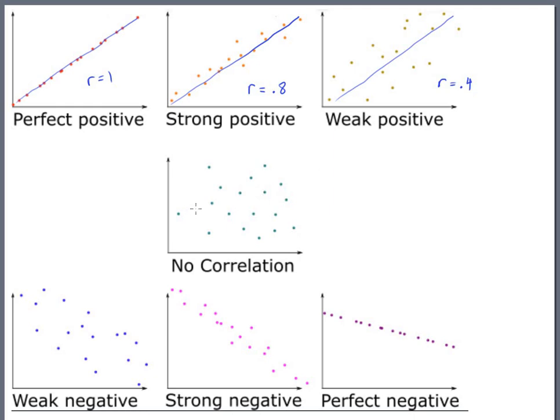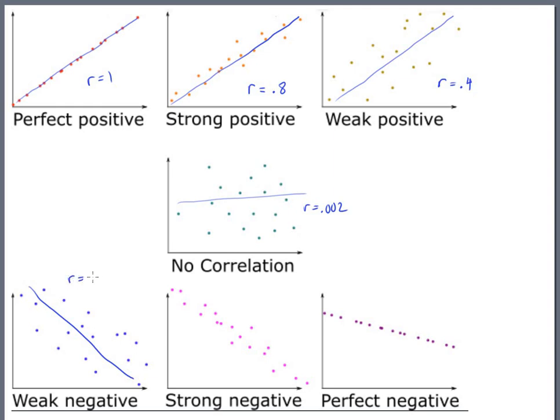This one, the best line I could probably fit would look about like that. This is an R of, maybe it's not quite 0. It's rarely perfectly 0, but this will be an R of like 0.002 or something. It's basically 0 relationship between the two things. And then these would be the same idea in the other direction. There's the best fitting line.